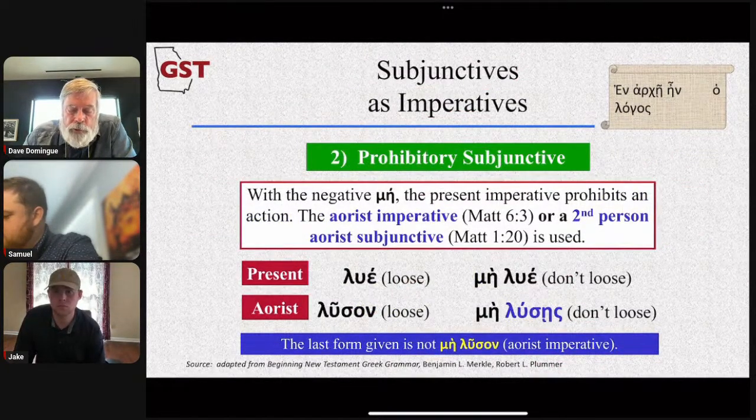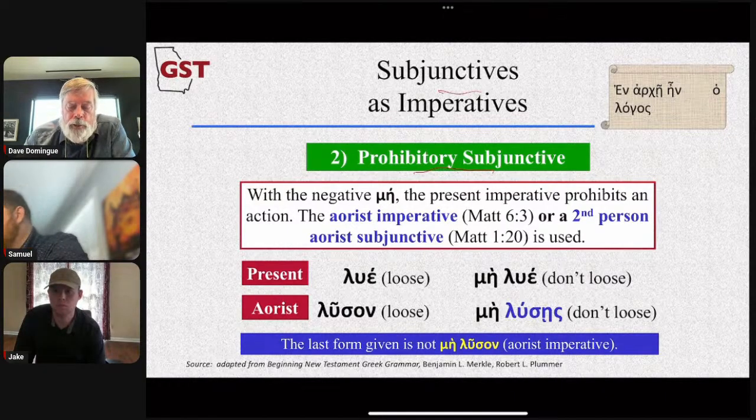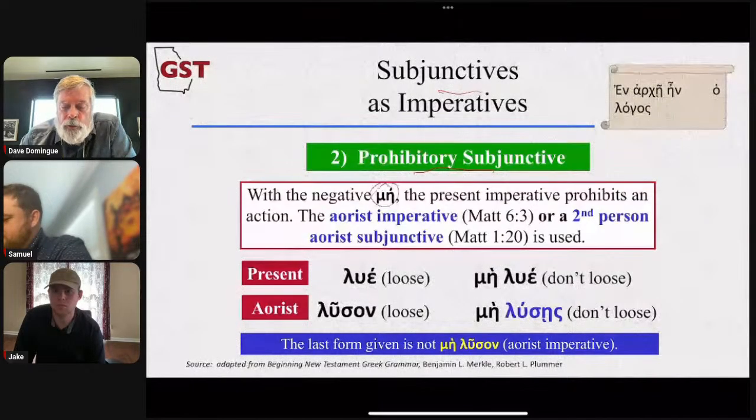You can have prohibitory subjunctives. Just like the imperative, subjunctives can work as a prohibitory imperative with the negative mē, and the present imperative prohibits the action. The aorist imperative, or a second person aorist that we just looked at, is used.